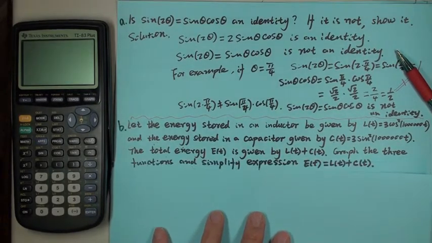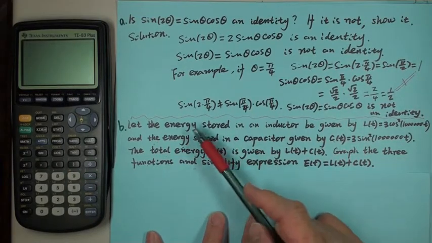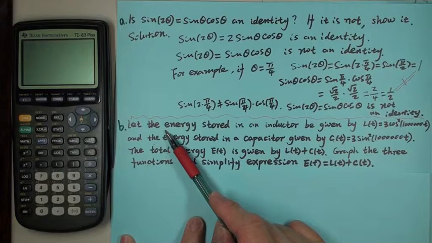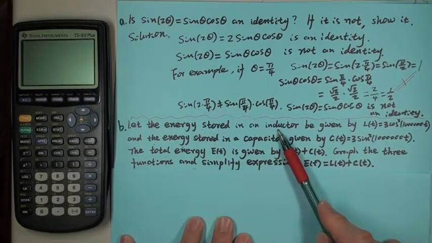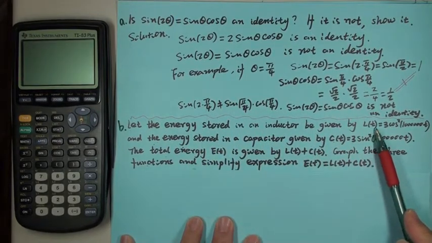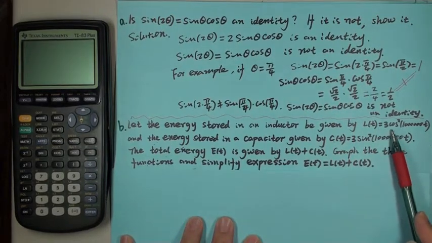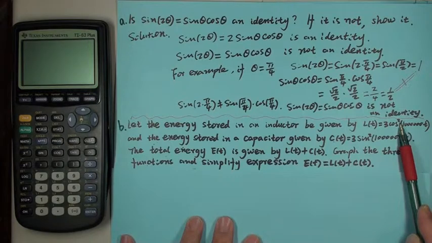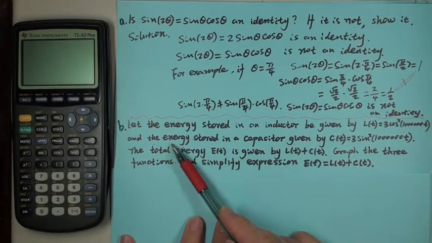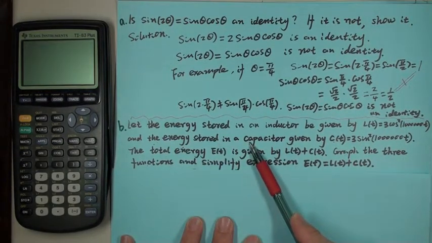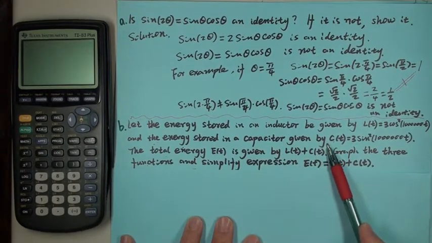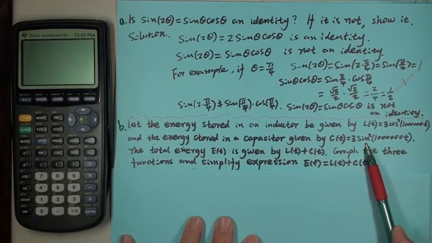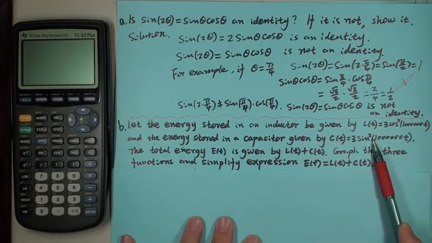The second example is an application question. Let the energy stored in an inductor be given by L of t equals 3 times cosine of 1 million t squared, and let the energy stored in a capacitor be given by C of t, which is 3 times sine of 1 million t squared.